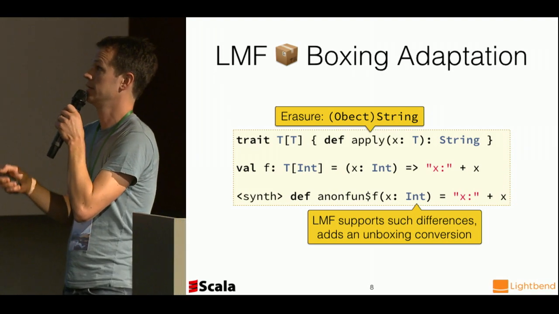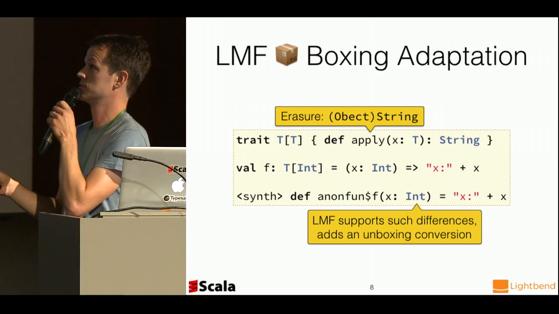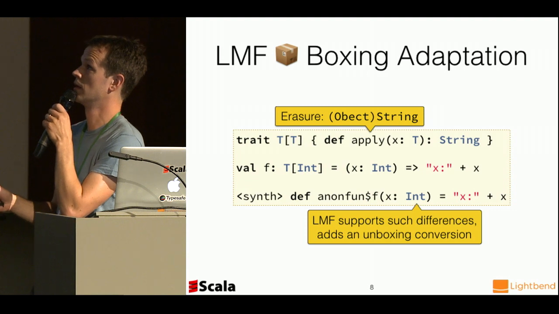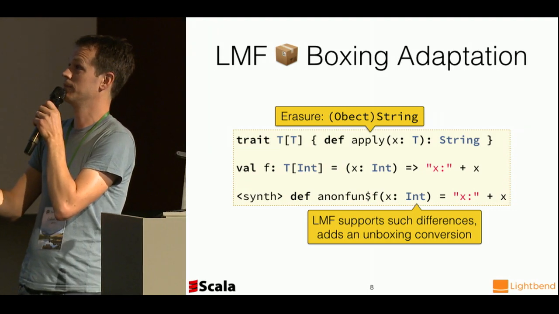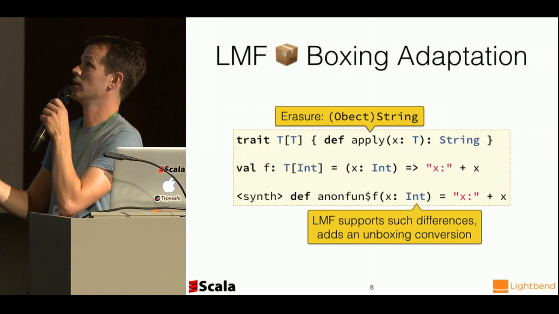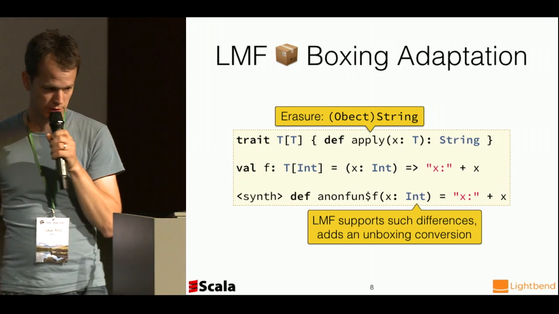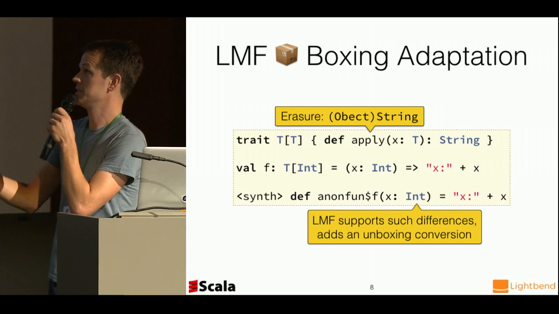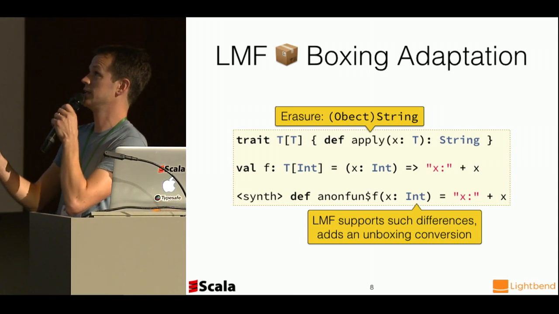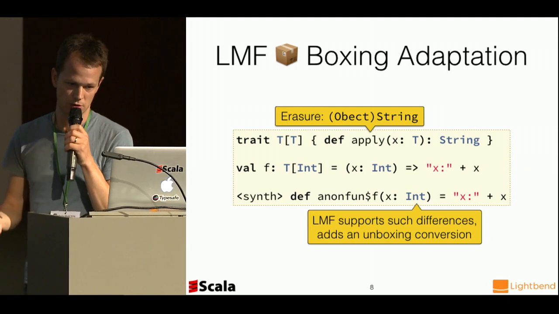So the desugaring that the Scala compiler performs for the body is this method here, which takes an int as argument. And if you look at trait T, the apply method is generic, and the argument type T will be erased to object. So there's a mismatch here, right? The body method takes an int, but the apply method needs an object.